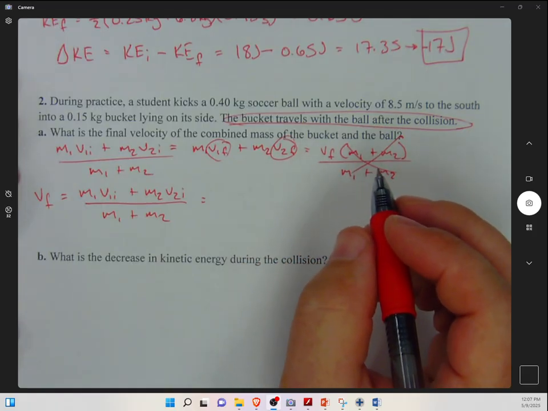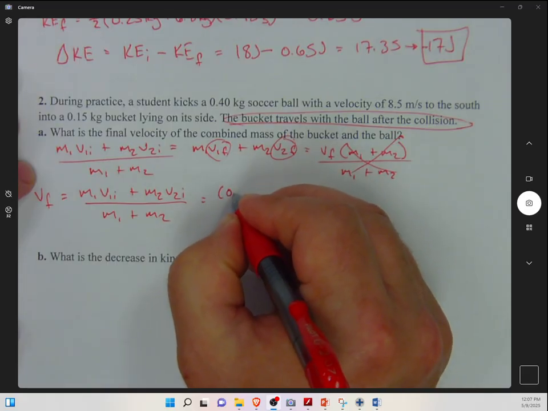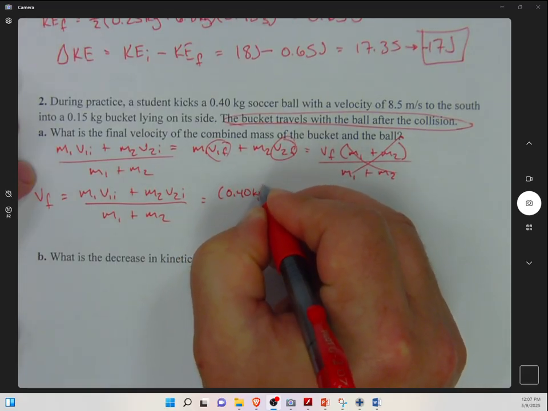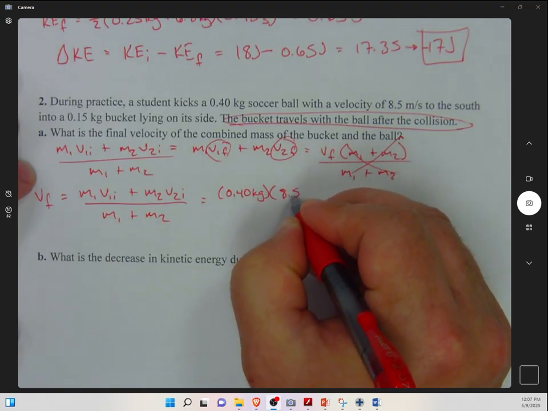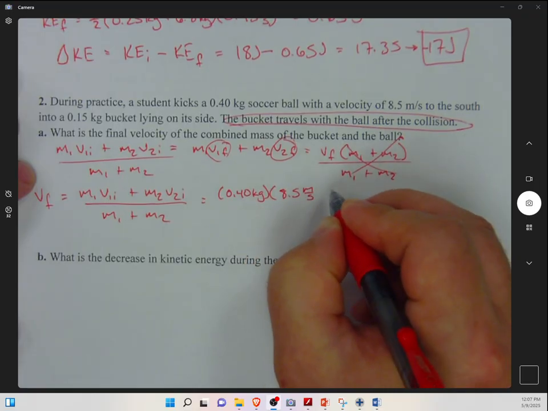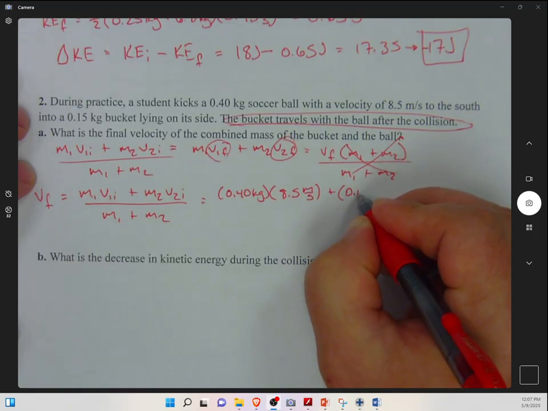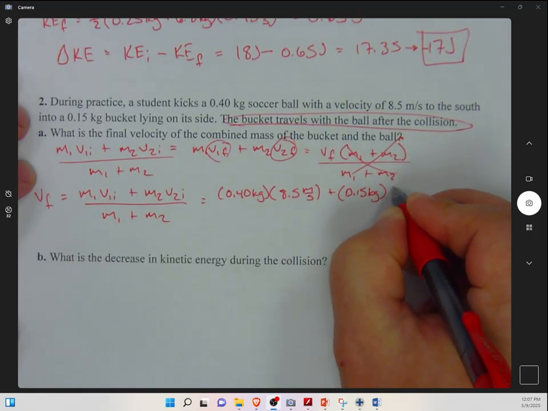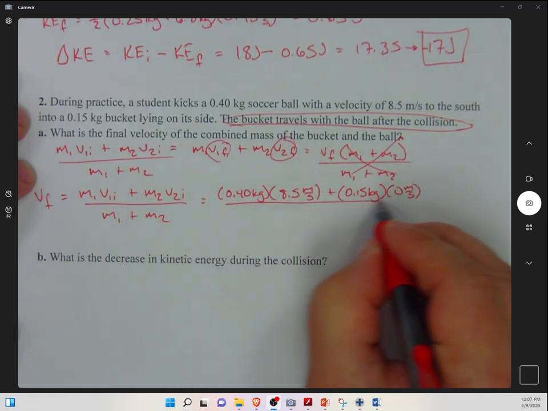All right. So I didn't label these, so it's going to be a 0.40 kilogram ball traveling at 8.5 meters per second south, plus, what's the second thing? Bucket. And that's lying on its side, so it's got no initial velocity.